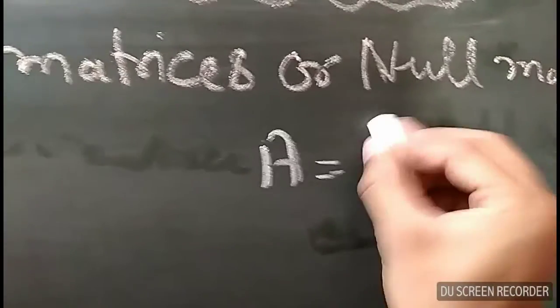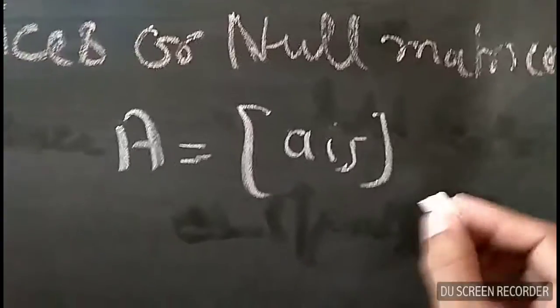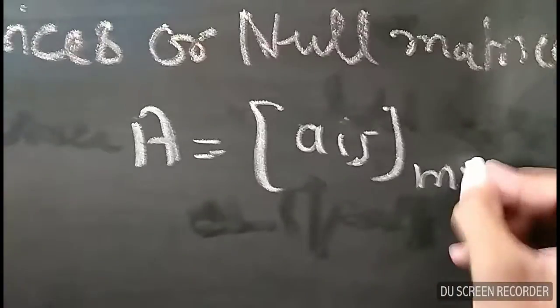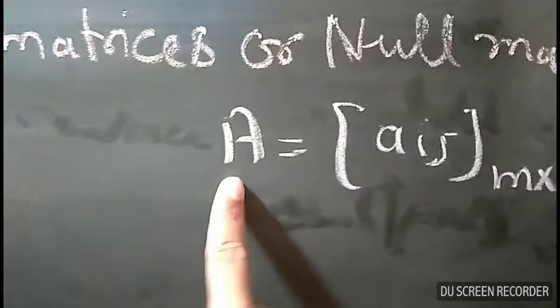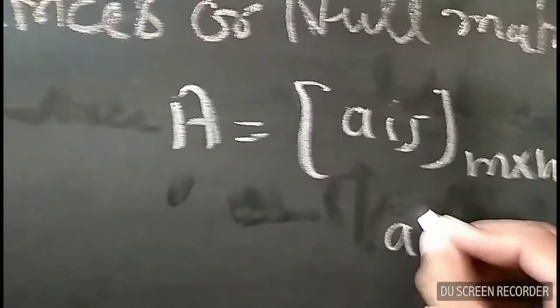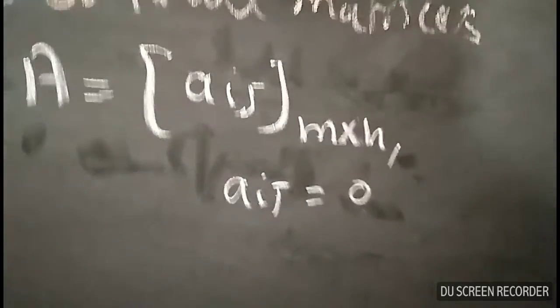If we write this in small notation A_ij, where the order of A is m cross n, then we say that A is a zero matrix if every element of this matrix, that is A_ij, equals 0 for every i and j.